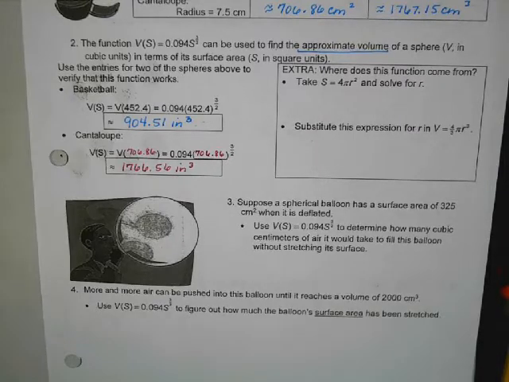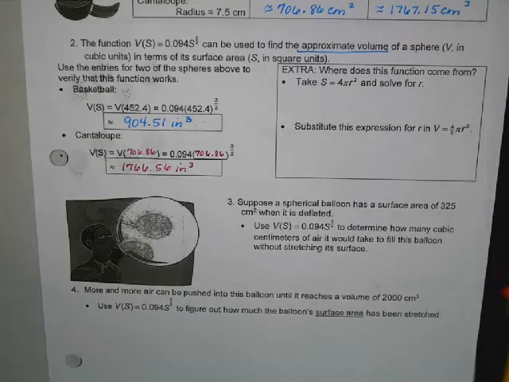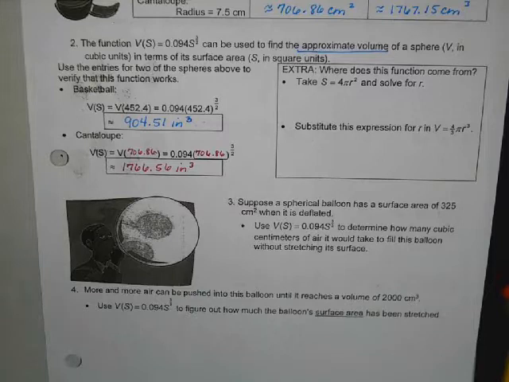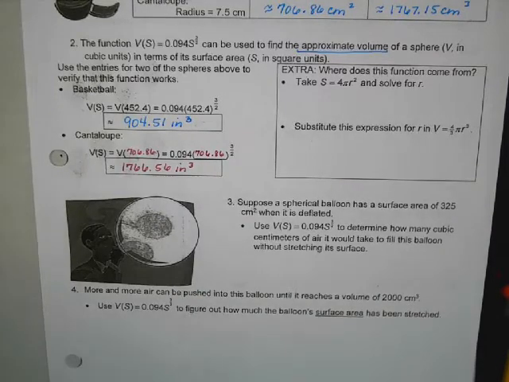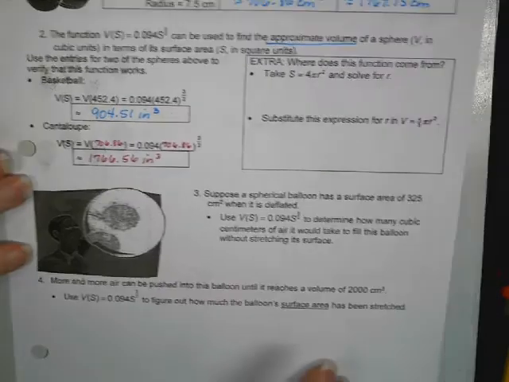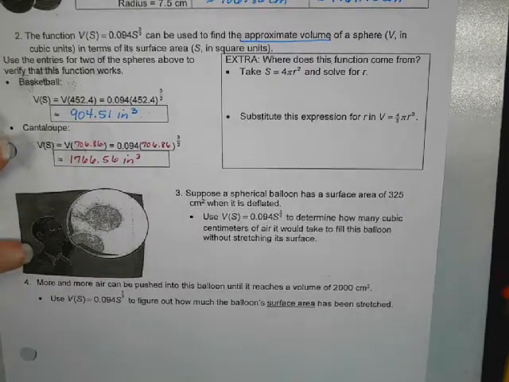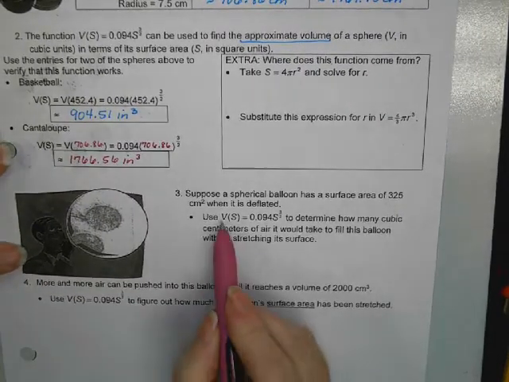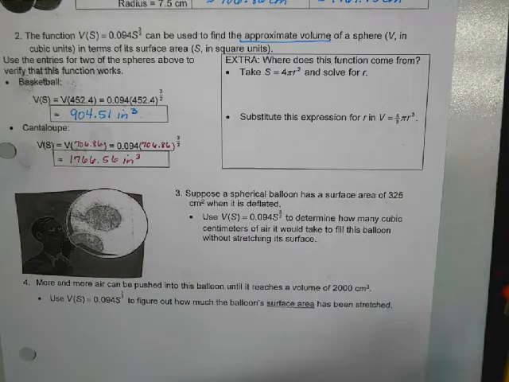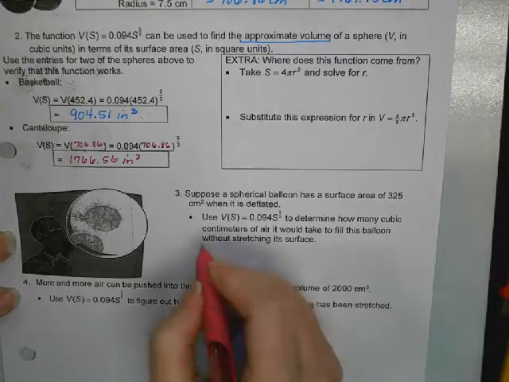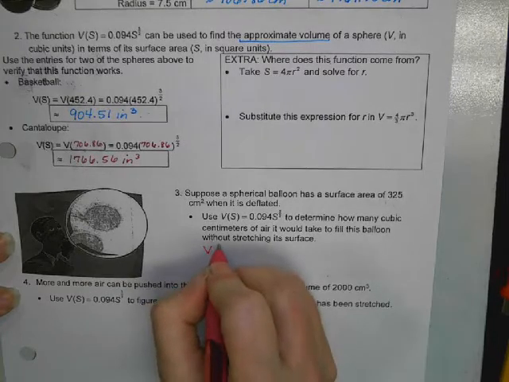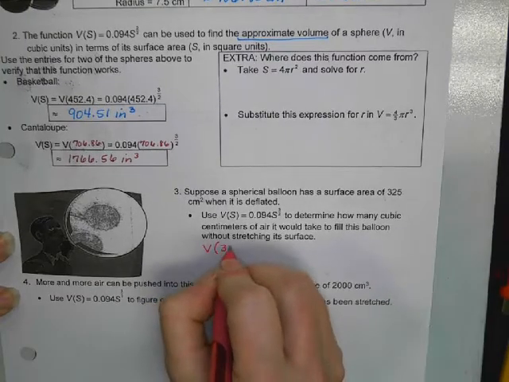No. Okay. All right. So on number 3, suppose we have a spherical balloon and it has a surface area of 325 centimeters squared. When it's deflated, they want us to use the same formula we've been using to determine how many cubic centimeters of air it would take to fill this balloon without stretching its surface. So they gave us our surface area, so I'm going to be looking for the volume with a surface area of 325.